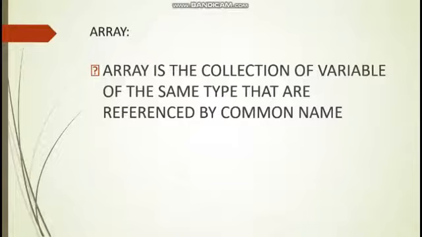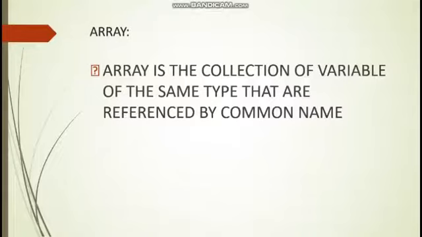The word collection means to collect the information, the values, the variables, and an array is a collection of specific variables which are of the same data type. Here the type refers to the data type, and that common name is also a variable.